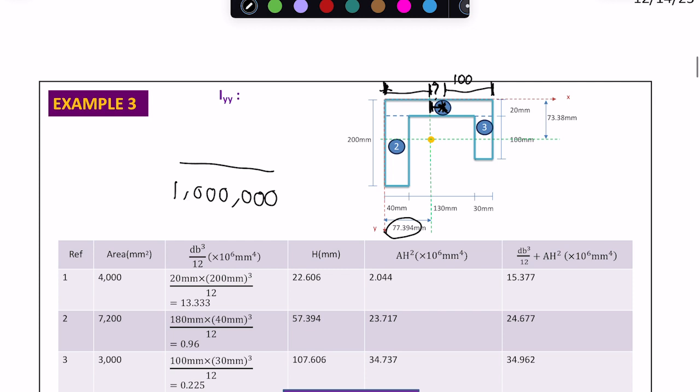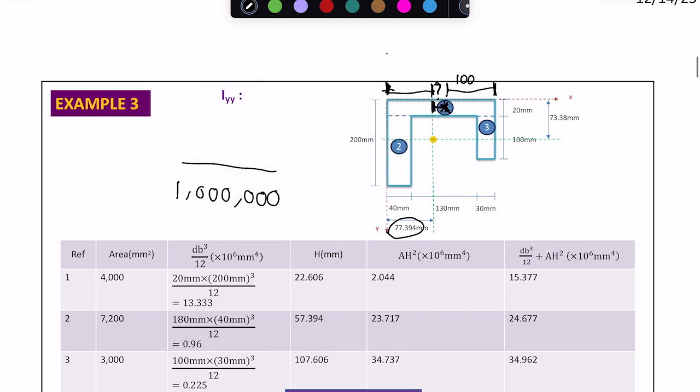So take the value of 200 minus 100 minus 77.394, you will get 22.606 as the value of H.